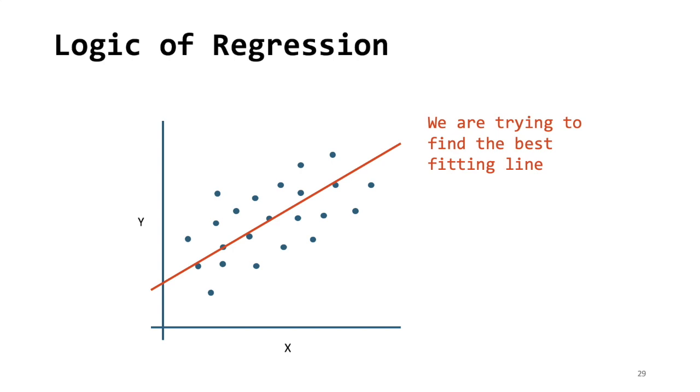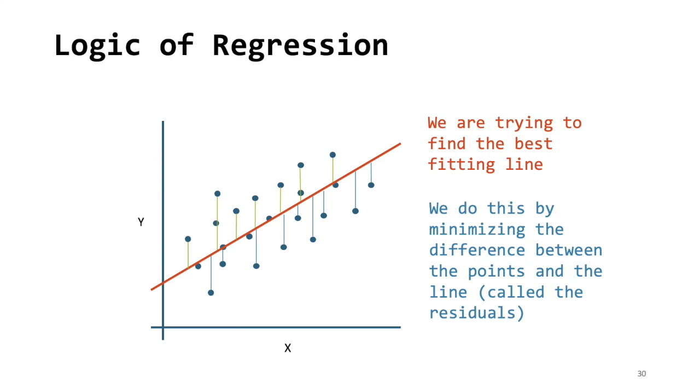Regression, what it's trying to do when you have continuous variables, it's just trying to find the best fitting line. The way we define this is by minimizing the difference between the points and the line, which are called residuals. So all we're trying to do is make this distance between the point and the line as small as possible.